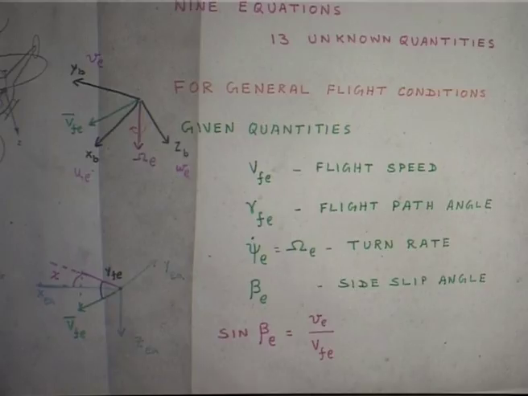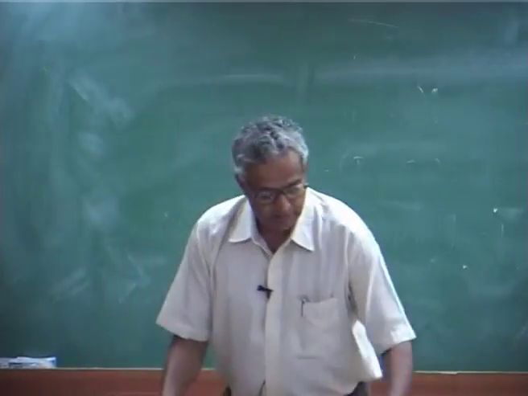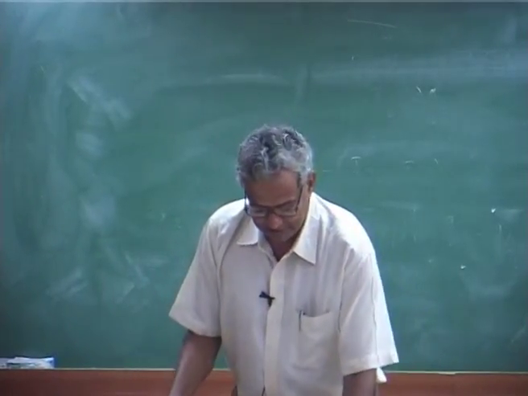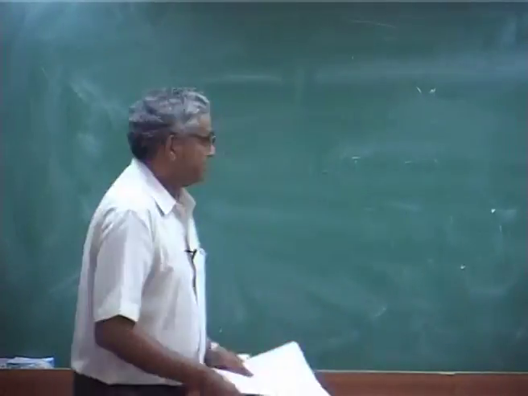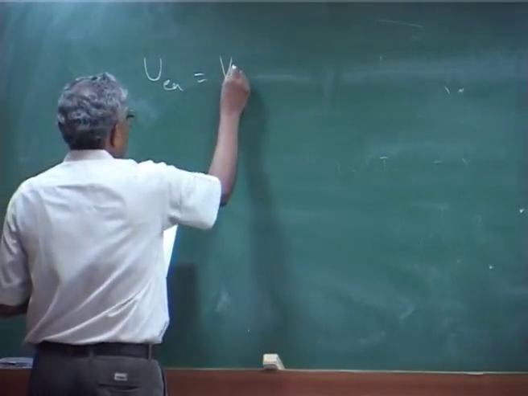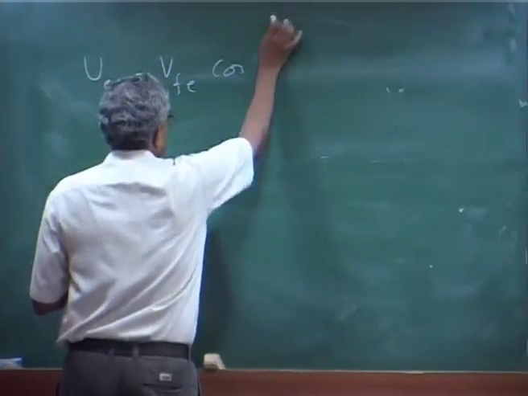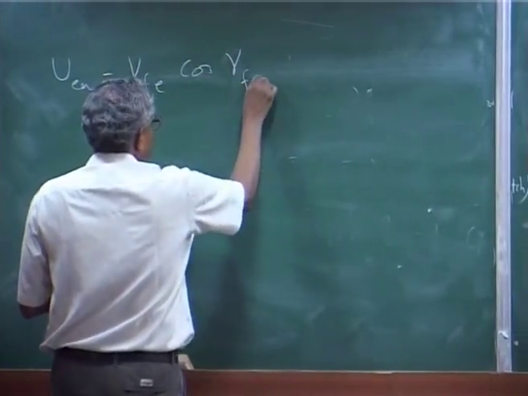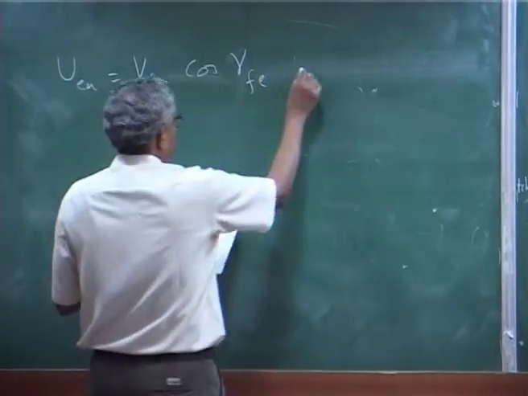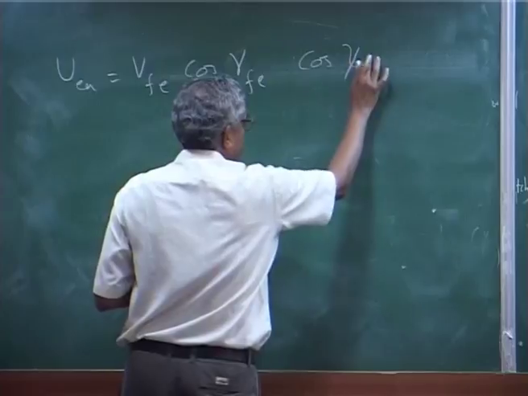The velocity vector in the earth bound system is u earth is VFE cosine gamma FE, this is the flight path, and cosine chi, this is not psi, this is chi.